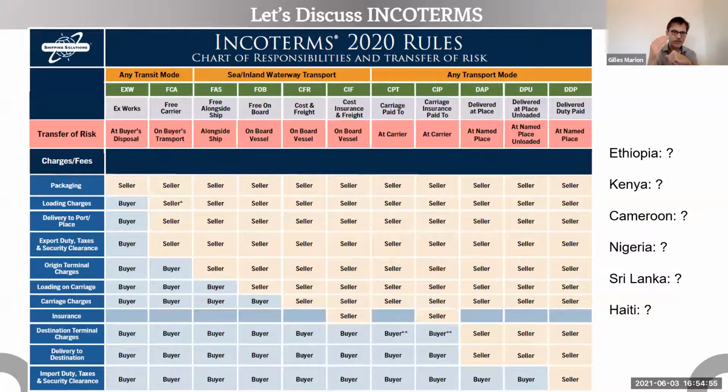You have the packaging, which is always the seller's responsibility, the seller who is going to package the product for the shipment. And then you have the loading charges, which are taking the cartons, the goods from the seller's platform to put them in the truck, which is going to take it either to the port or directly to the place of delivery.